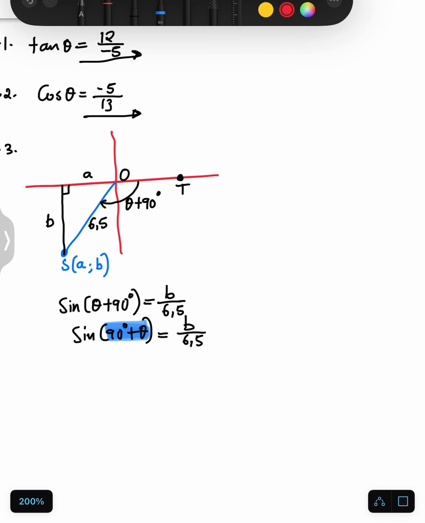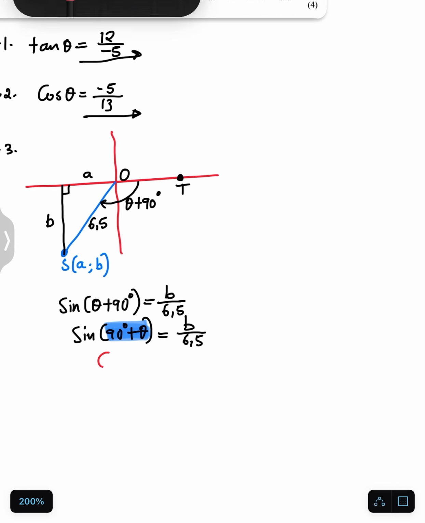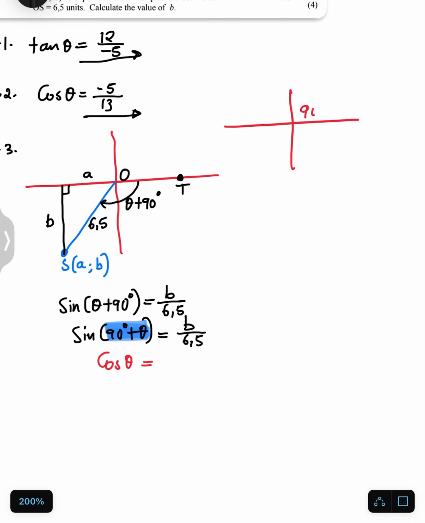When you use reduction formulas, you will see that this will become cos theta. Using these formulas, this is 90 minus theta and then 90 plus theta, and it will give you negative cos.